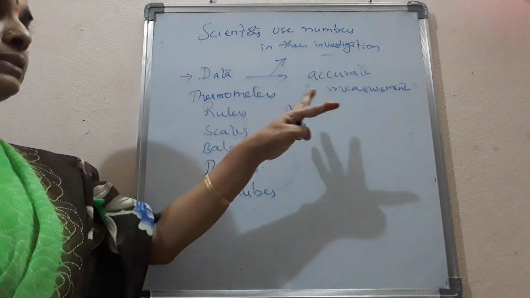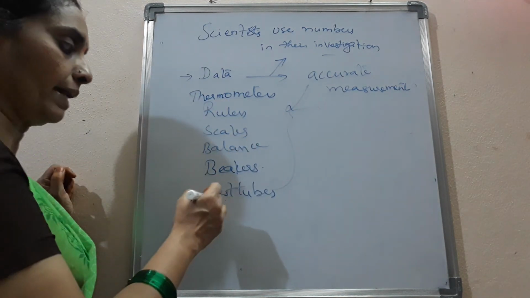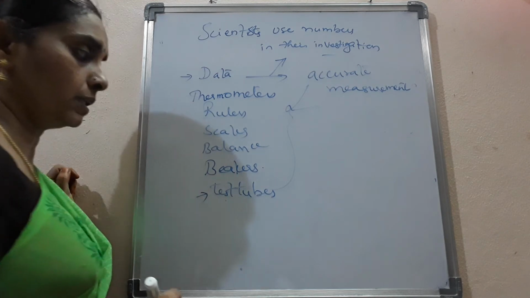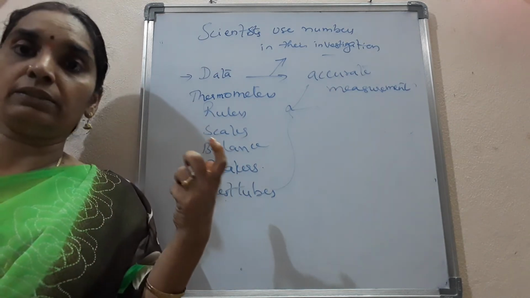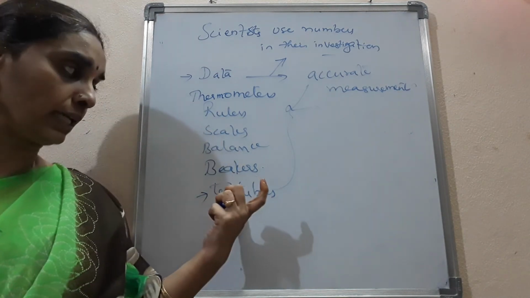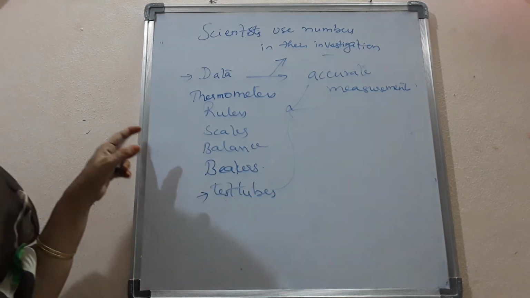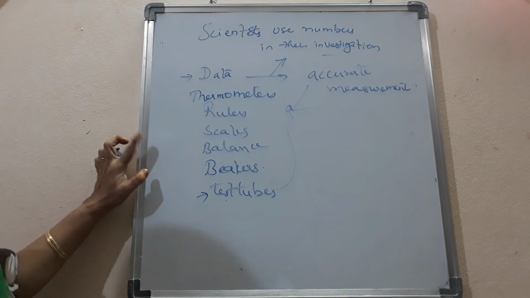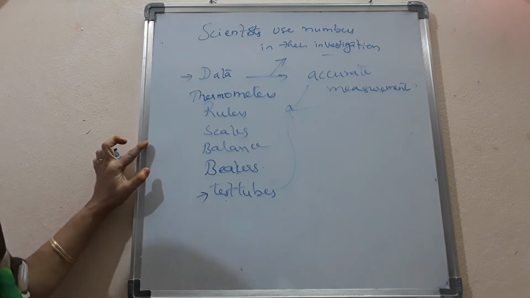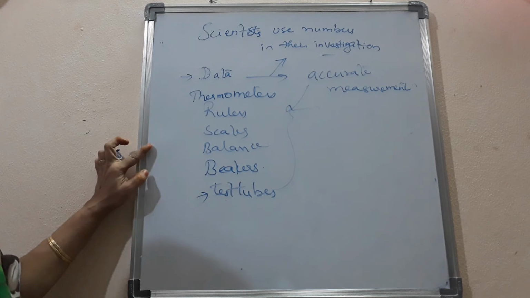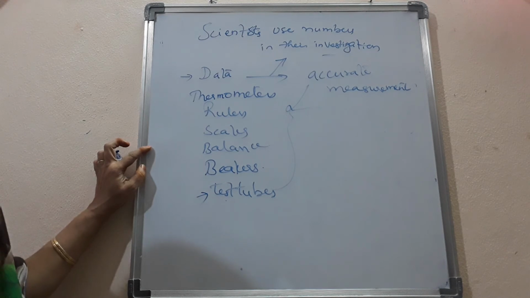In fact, some test tubes have the volumes marked for the capacity that they hold. Okay, so these are the different measuring skills that the scientists use in their experimentation, and they interpret the data by collecting, organizing, and displaying the data in their investigations. That helps to understand what they have learned.